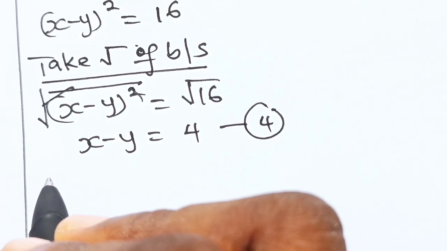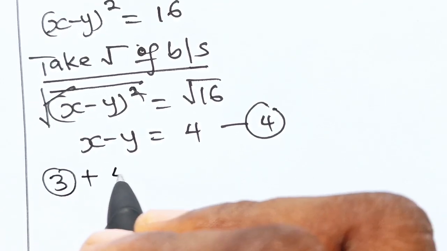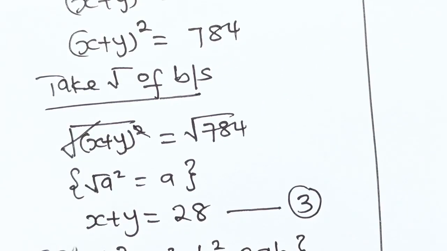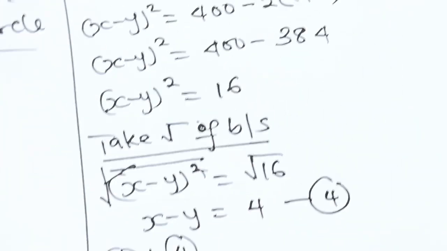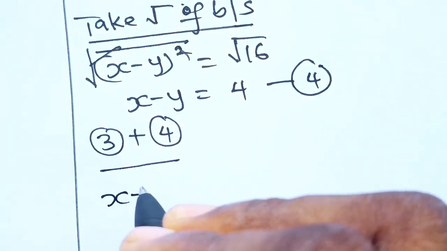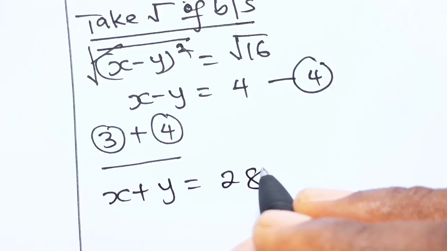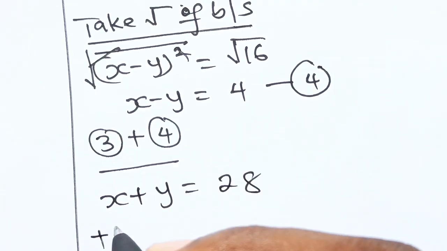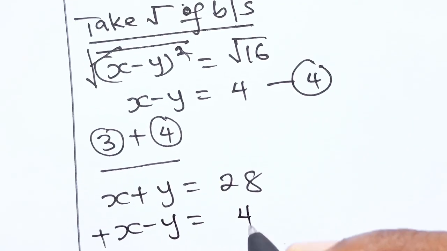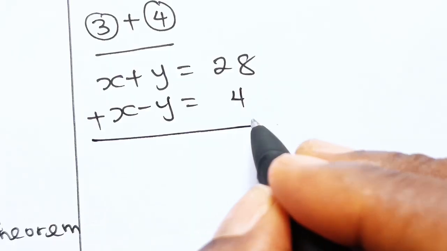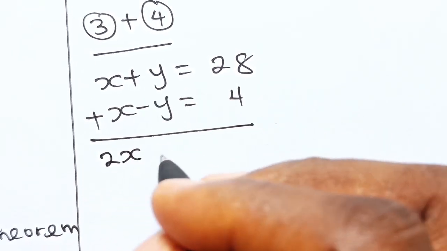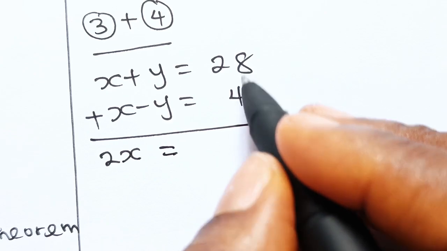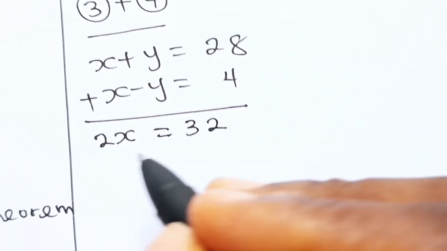now let us add equation 3 to equation 4. Now equation 3 says x plus y is equal to 28, plus equation 4 says x minus y equals 4. Now if we add them together, x plus x is 2x, plus y minus y is 0, 28 plus 4 is 32.